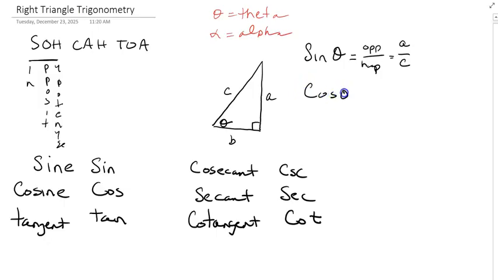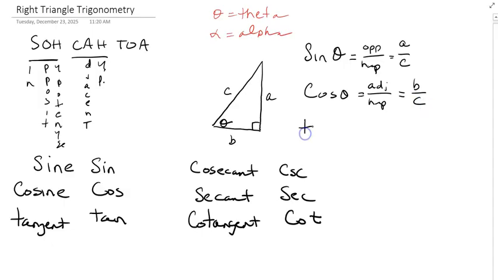All right, so I'm going to erase this because we're going to stick now with theta. Cosine is actually adjacent over hypotenuse, which would be B over C based on where our theta is.